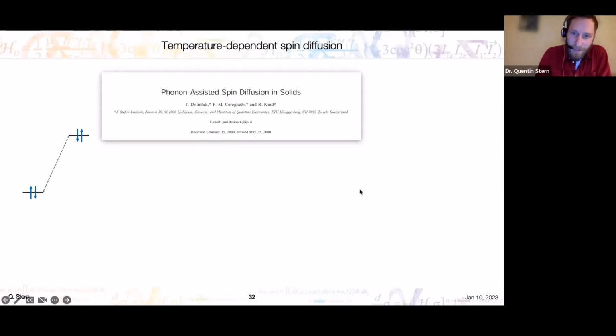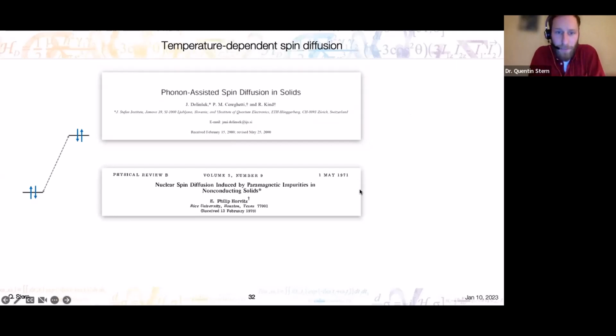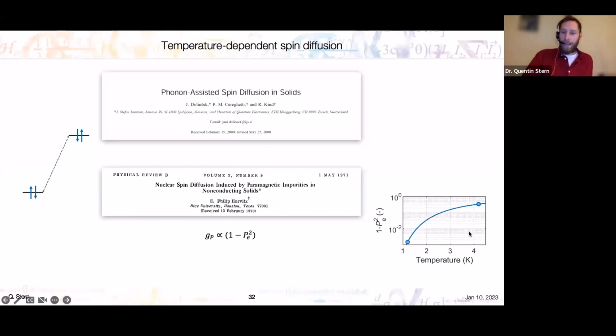But a better explanation is already present in the literature in several papers, and the first one is by Horowitz in 1971, which explains that, again, this is where the electron's polarization pops in. It's that the fluctuation of the electron spin state will compensate for this mismatch here. As you go from 1 Kelvin to 4 Kelvin, this 1 minus p squared increases a lot. So this should be a beginning of explanation.